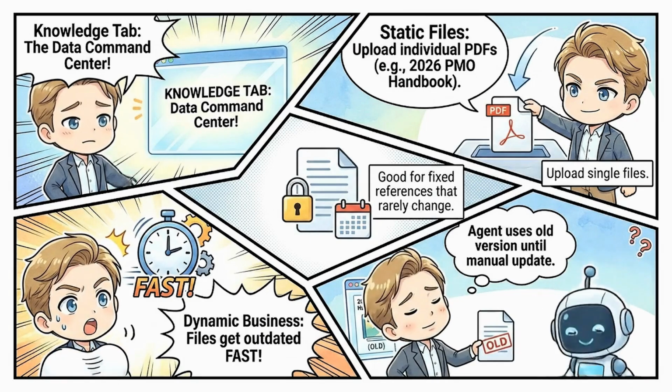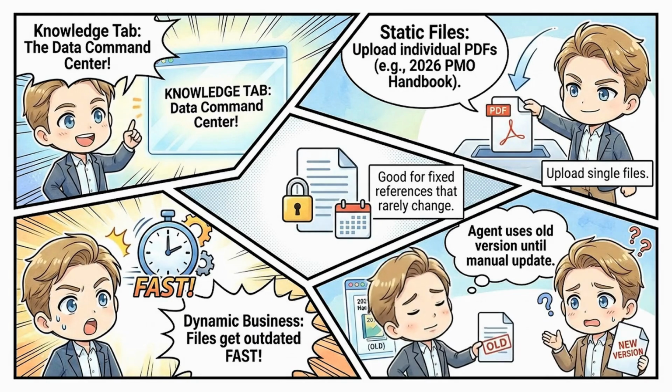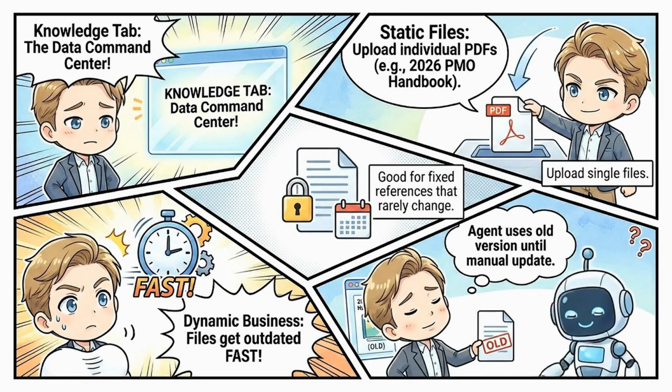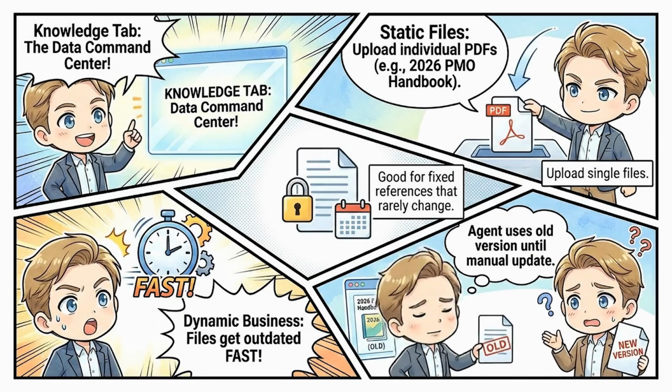When configuring a custom agent, you'll spend significant time in the Knowledge tab, the command center for data grounding. One primary method for supplying data is uploading individual static files. For example, David could upload a single PDF of the 2026 PMO Agile Handbook.